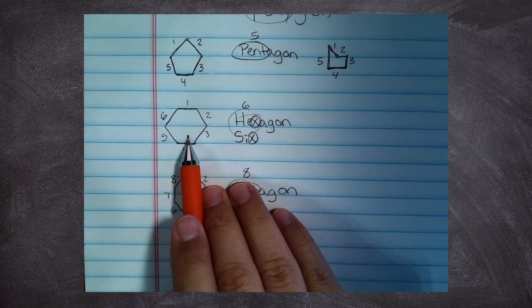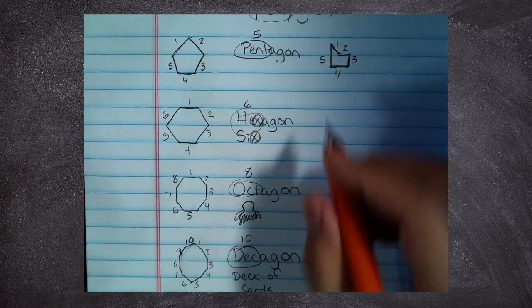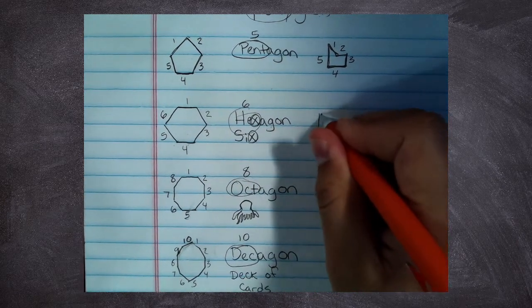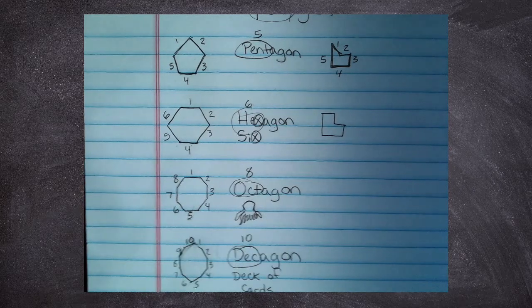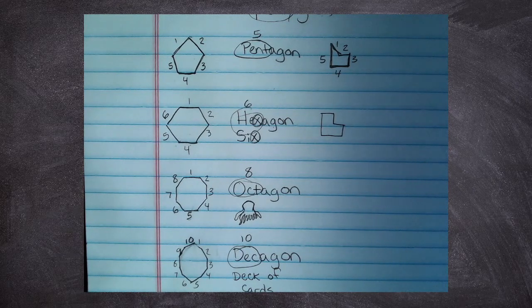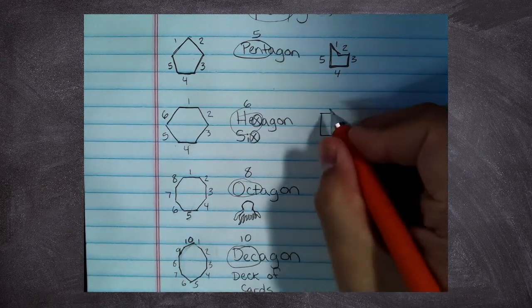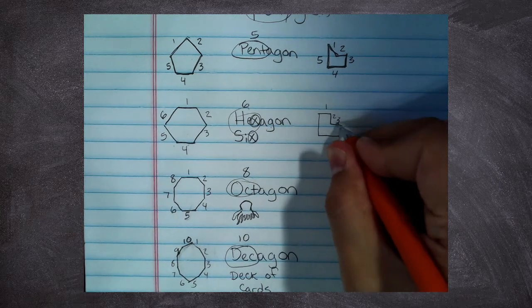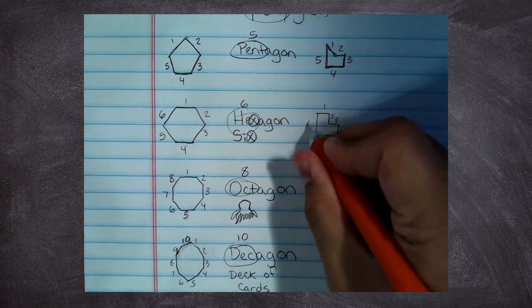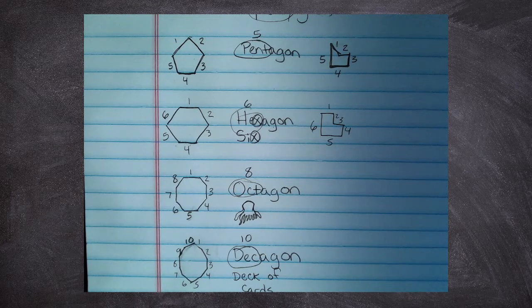So normally hexagons might look like this, but they could also look like that. 1, 2, 3, 4, 5, 6. It's got all the sides. That is still a hexagon, even though it looks very different from what I might normally think a hexagon looks like.